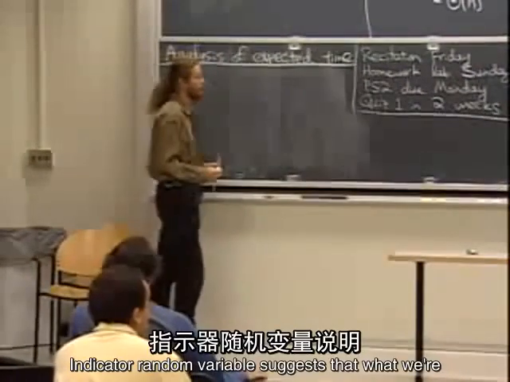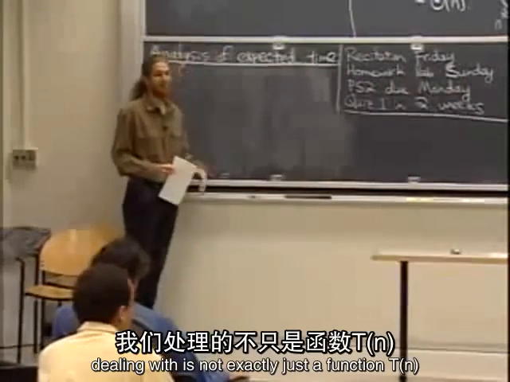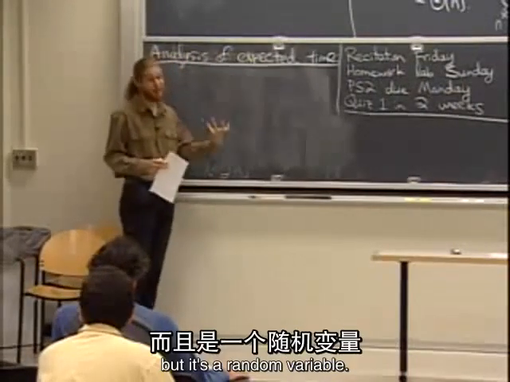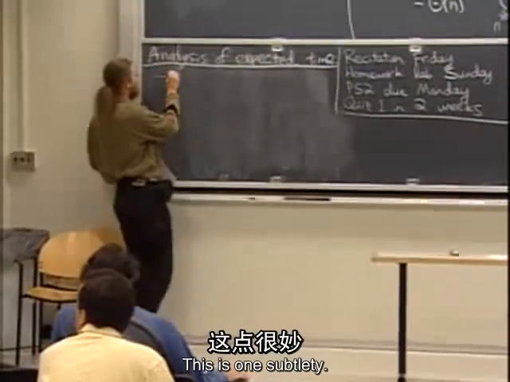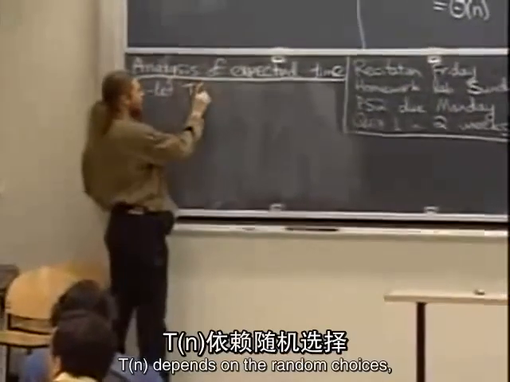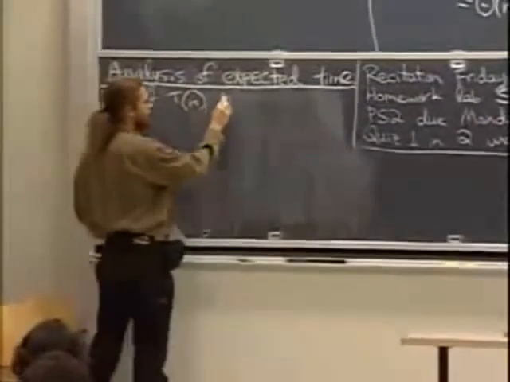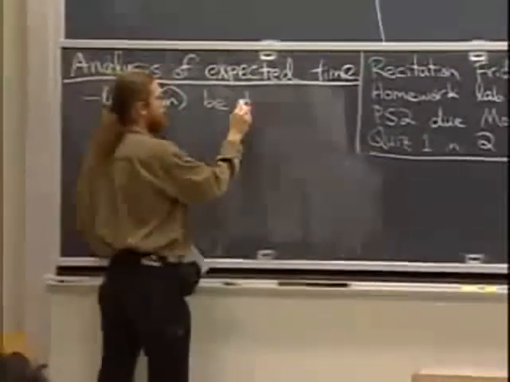Indicator random variables suggests that what we're dealing with is not exactly just a function T of n, but it's a random variable. So this is one subtlety. T of n depends on the random choices, so it's really a random variable.